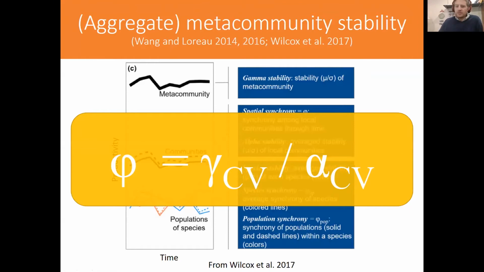So remember, beta diversity is gamma diversity divided by your mean alpha diversity, if we're thinking about the multiplicative framework. Similarly, there's the synchrony metric that is basically the regional variability divided by your mean local variability. That's derived and described really well in these Wang and Loreau papers, and Wilcox et al. have this really good study applying this concept across data sets.